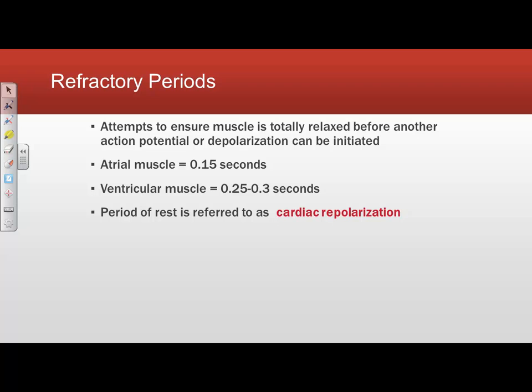We're going to read strips in milliseconds. So all this occurs in less than a second. A full cardiac cycle occurs in less than a second. I don't care that you know these numbers as much right now, or ever really at this point, because there's other numbers that you're going to have to learn here in just a few minutes.